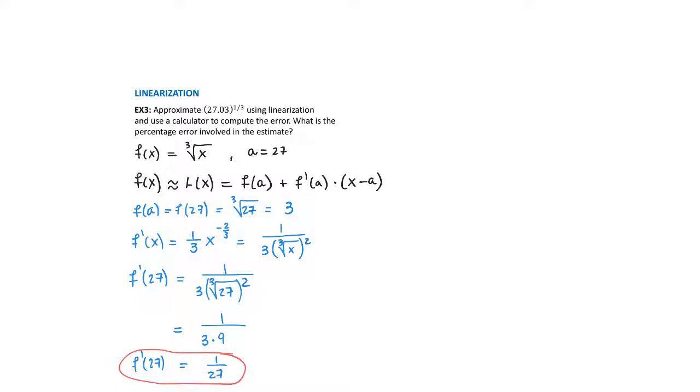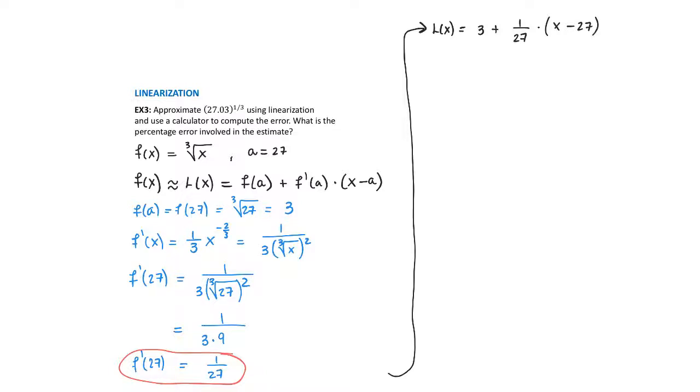All right. With that in mind, I think that we have everything that we need to do our approximation. But before we do that, I will continue now building the line. So L of x will be equal to f of a, in other words f of 27, which is equal to 3, plus f prime of 27, 1 over 27, times x minus 27.